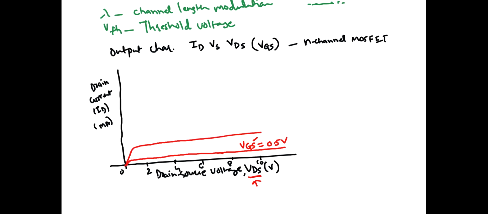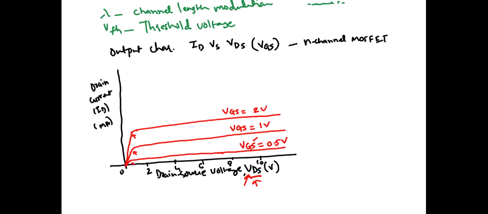So this is how the MOSFET behaves. VGS equal to, let's say, 1 volt. Again, for larger values of VGS, let's say 2 volt, your current is increasing linearly, but after that, for larger values of VDS, your current is saturating at this point, at this point, at this point.